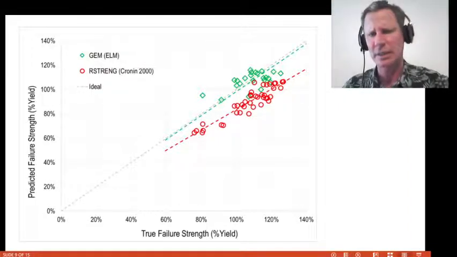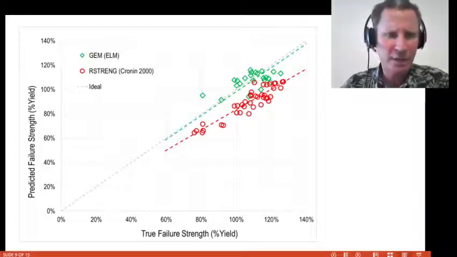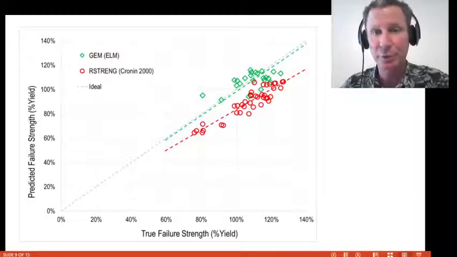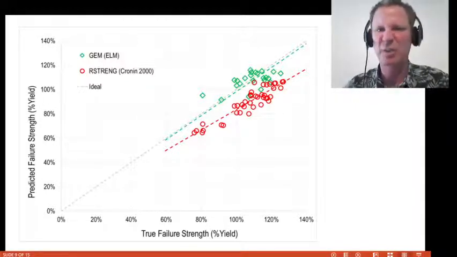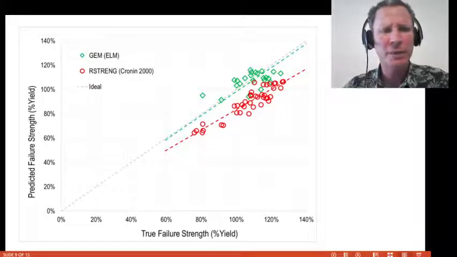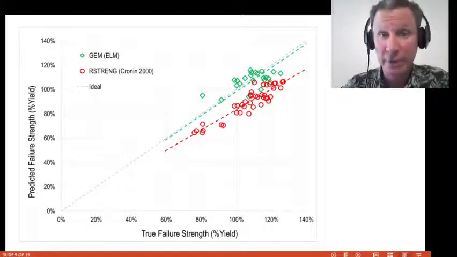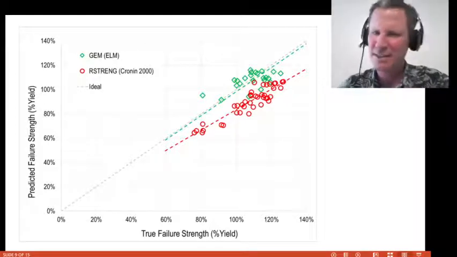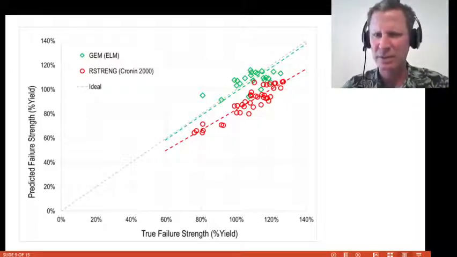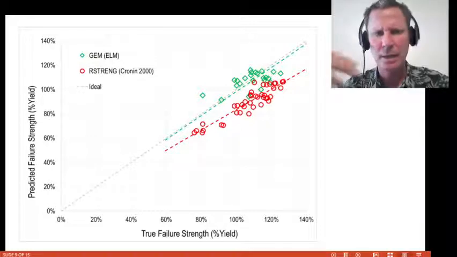If I look at the R-strain calculations, and these are R-strain calculations that were in the Cronin report. I should mention that all the profiles that I had, they were Cronin. Battelle didn't have any profiles for me to play with, so this is a limited subset. You'll see that the R-string data, they've all condensed along a line, but it's a conservative line. And that's a kind of important thing, and we'll get to the statistics a little bit later.